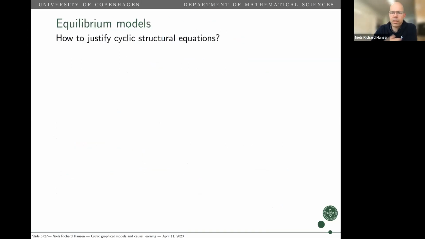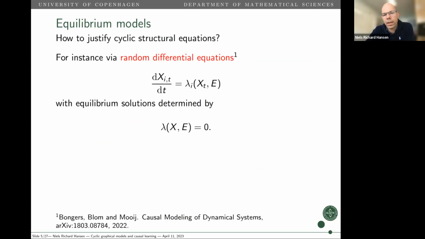Now, another question is, how do we actually justify the cyclic structural equations? Where do they come from? One way of justifying them is as equilibrium models. We could look at a differential equation. This is where this lambda function comes up naturally, as the time derivative of a process. Such a differential equation is called a random differential equation, because there is this vector e of random variables entering the derivative.